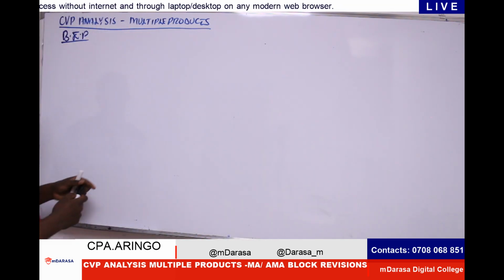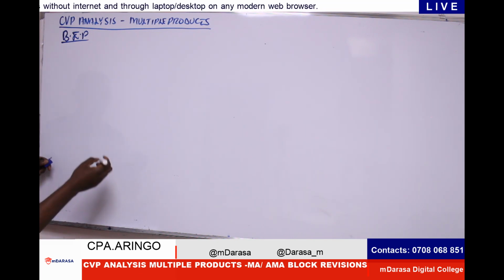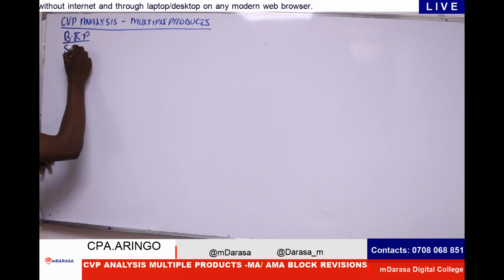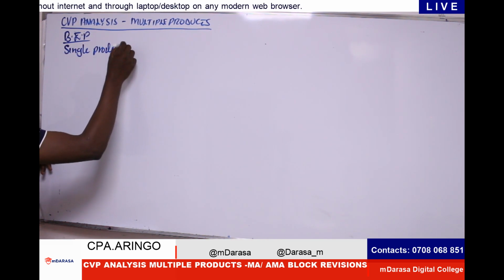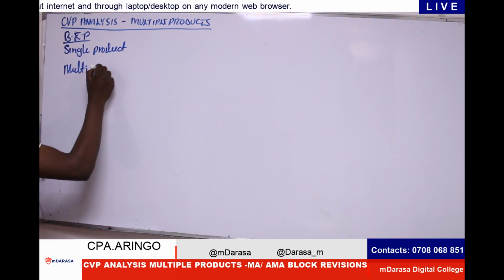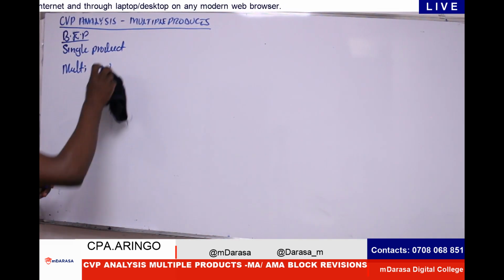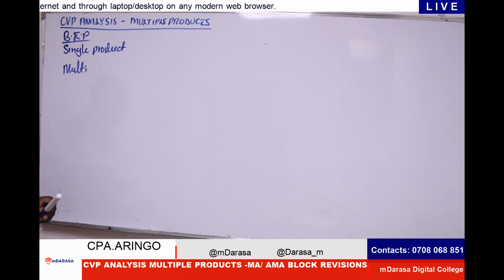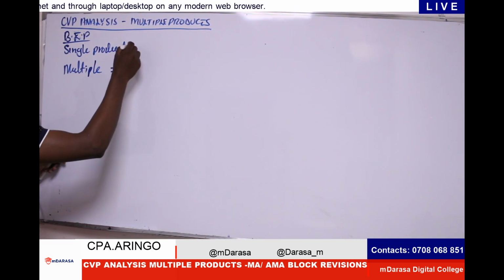So looking at this case, my good students, this should take us back to what we did, where we said we'll be talking about the break-even point for a single product and a break-even point for multiple products. So these are the two forms of CVP that we'll always be talking about.